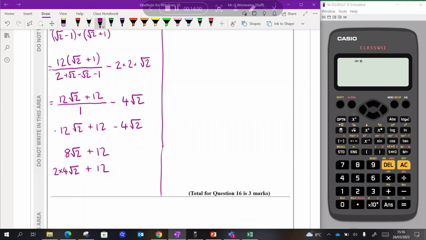Let's keep that equals coming, so we can see the evolution. And 4 is root 16. So this is going to be 2 times root 16 times root 2 plus 12. And now we can finally get 2 root 32 plus 12, which equals that right-hand side.